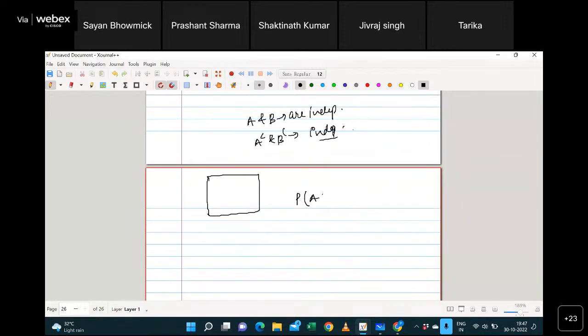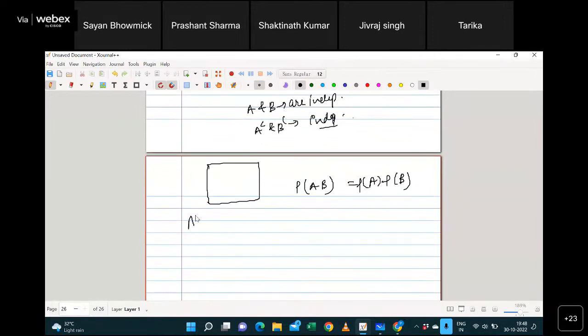So when A and B are independent, that means probability of A intersection B is probability of A into probability of B, individual probabilities multiplied. So for independence of A complement and B complement, probability of A complement intersection B complement should be multiplied by individual probability, right?